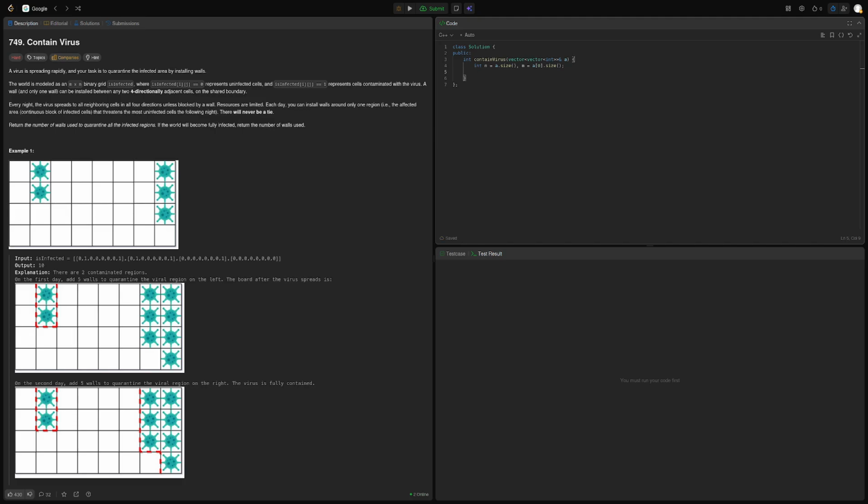Okay, so after we grab that, do I use a vector of vector?